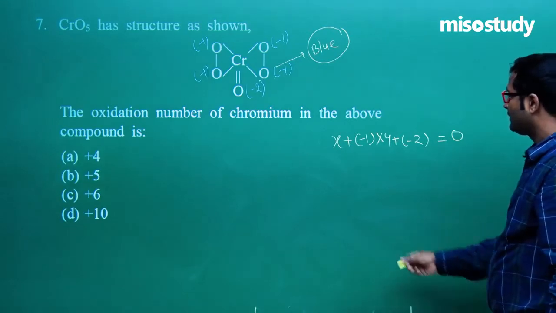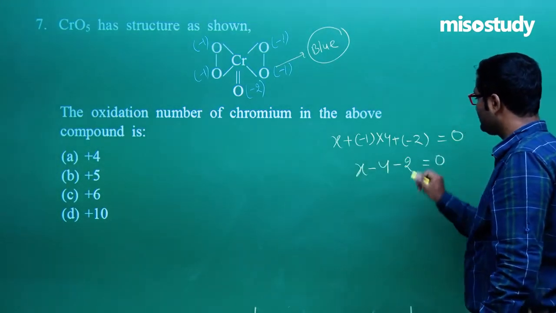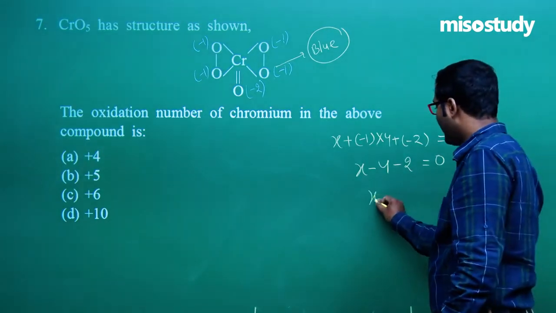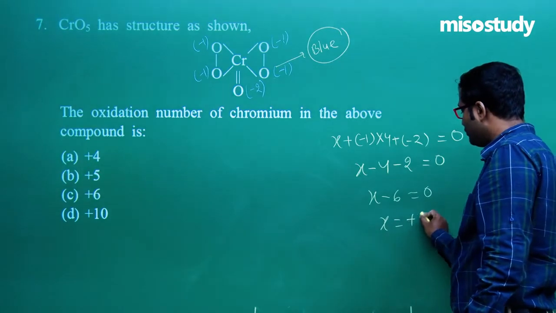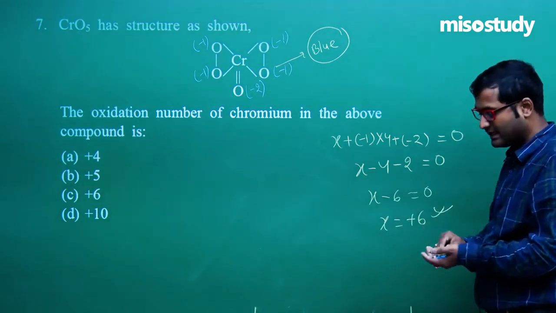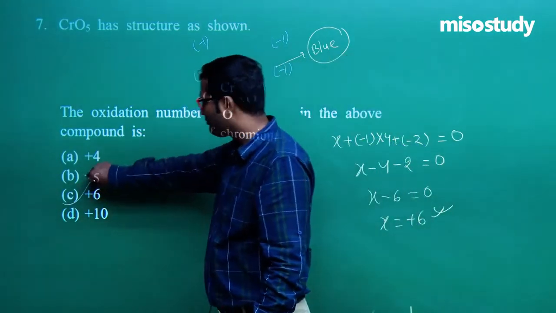Clear to you? Now put the value: X minus 4 minus 2 is equal to 0. So X minus 6 is equal to 0, friend. So X is equal to plus 6. So in this case we can say the chromium has oxidation state plus 6.